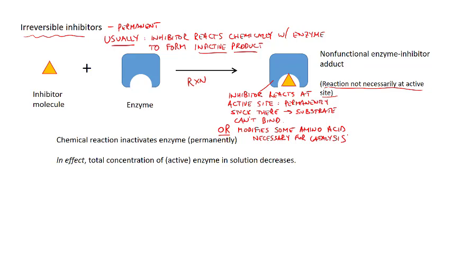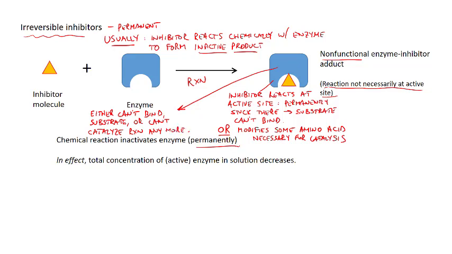And if your inhibitor reacts with that cysteine to, I don't know, put a methyl group on it, then your enzyme is going to be non-functional. Either way, what you end up with is a non-functional product. By non-functional, I mean it either can't bind the substrate anymore, or can't catalyze the reaction anymore. And this is a permanent thing.